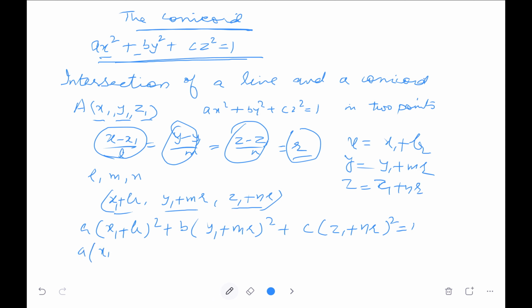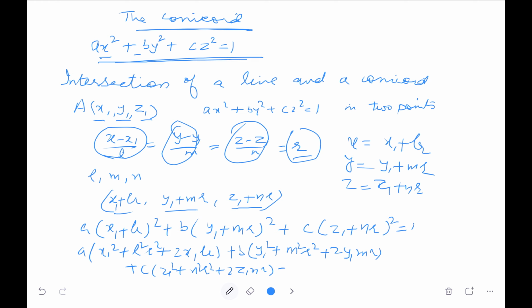Open the bracket: a into (x1 square plus l square r square plus 2 x1 lr) plus b into (y1 square plus m square r square plus 2 y1 mr) plus c into (z1 square plus n square r square plus 2 z1 nr) is equal to 1. Now we see that there are some terms of r square, some terms of r, and some terms without r.